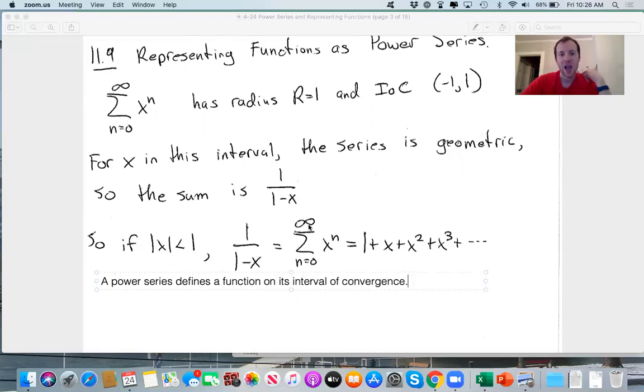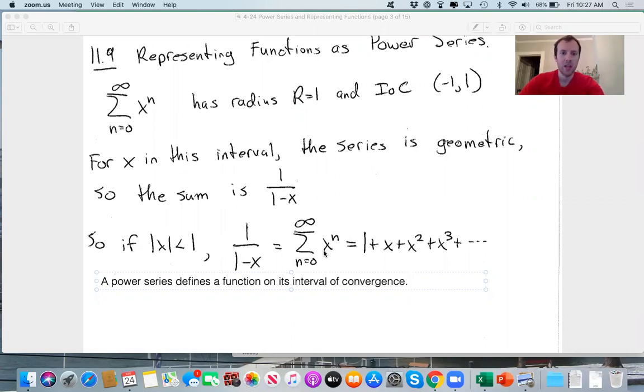Because if you pick an x and put it into this series, if it's in this range, that's going to converge, and the number you get will be equal to if you just put x into here and did 1 over 1 minus whatever x you got. So this function has a power series representation, the series x to the n.